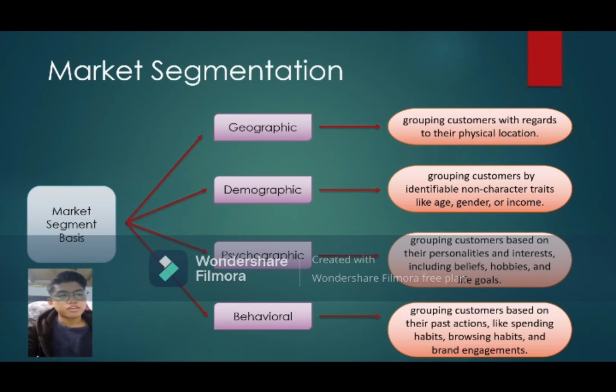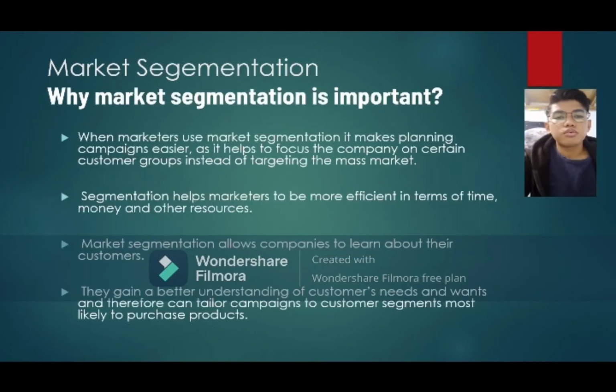Psychographic refers to grouping customers based on their personalities and interests, including beliefs, hobbies, and life goals. And behavioral refers to grouping customers based on their past actions like spending habits, browsing habits, and brand engagement.